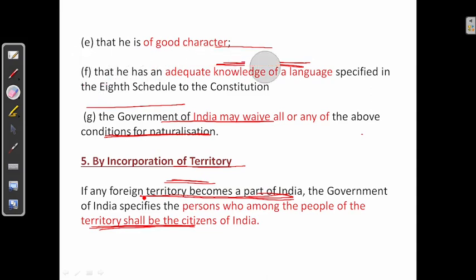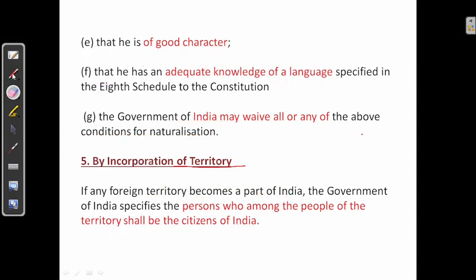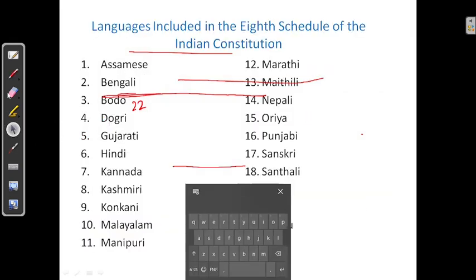Next, he is of good character and he has an adequate knowledge of a language specified in the 8th Schedule of the Constitution. Okay, in the 8th Schedule we have 22 languages. What are they?